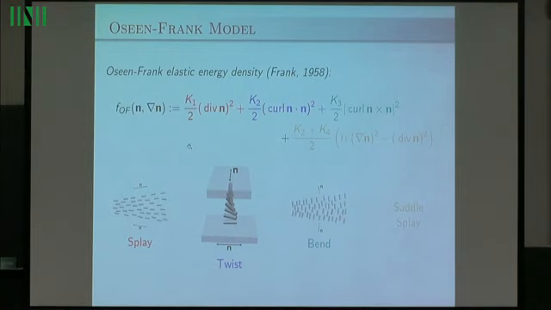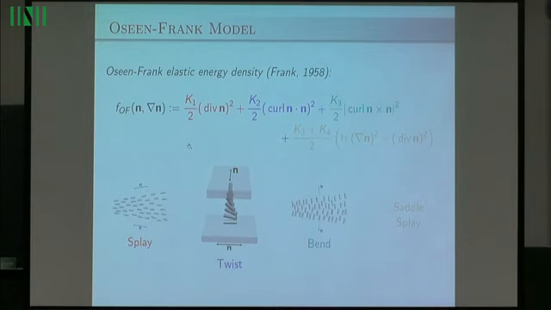So one can show that the second order model will have to have this form. Four components, each describes a different type of deformation: splay, twist, and bend. And there is a null Lagrangian saddle-splay term, which is somewhat more difficult to describe.